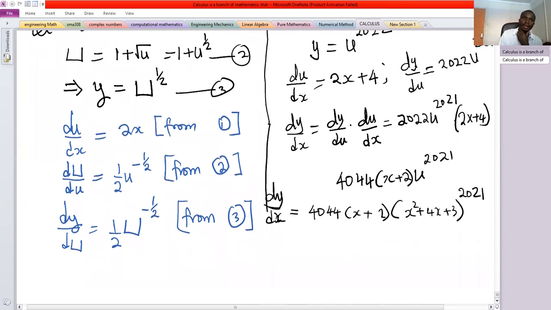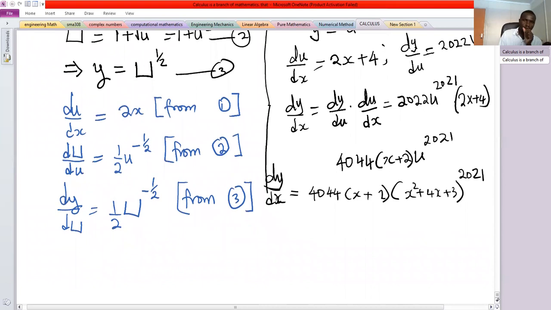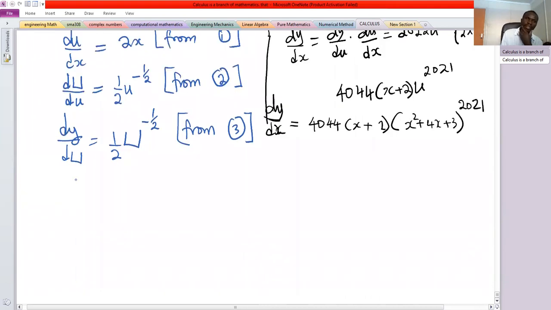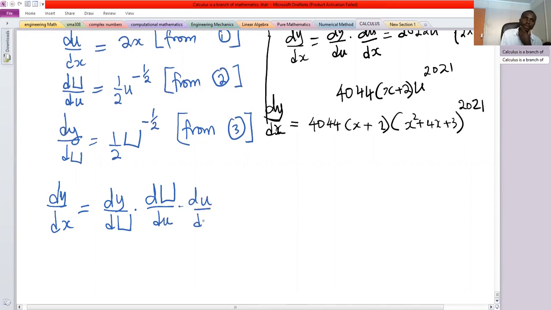And then by definition of chain rule, dy dx for this case will be given by dy dU times dU du times du dx.